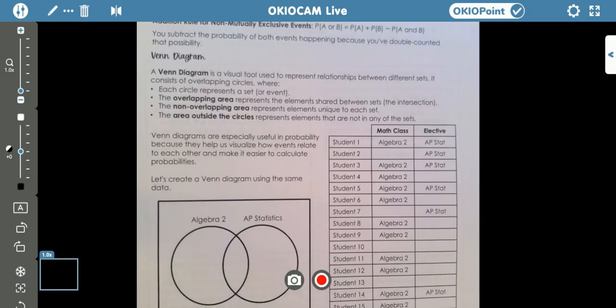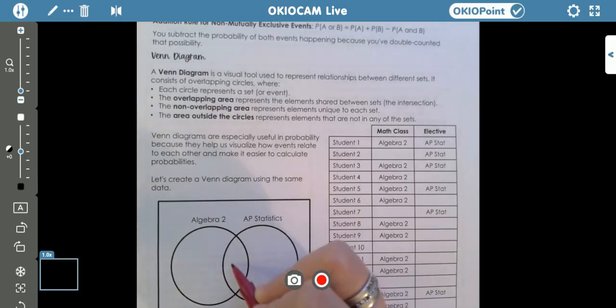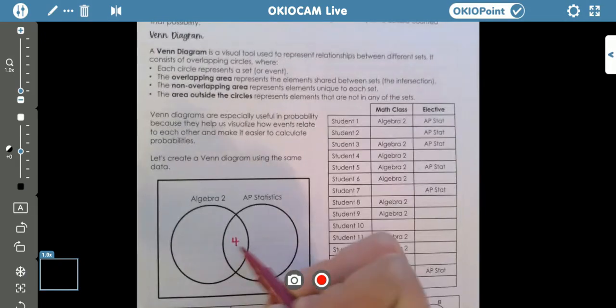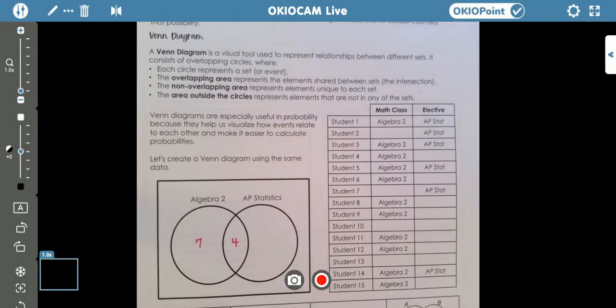All right, so it might help you to see kind of what's going on here. So if we're looking at this, we talked about from the previous page that there were 4 students that are taking them both. So maybe that's the easiest place to start. We know there are 11 that are taking Algebra 2. Well, there's 4 already accounted for here, so that means there's 7 only taking Algebra 2.